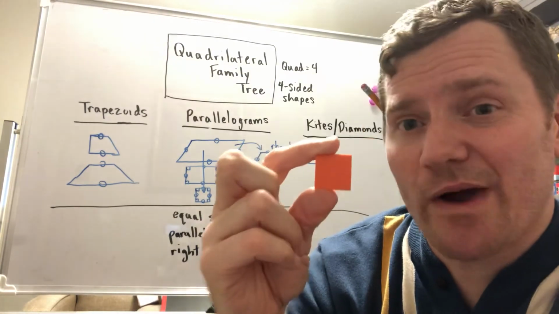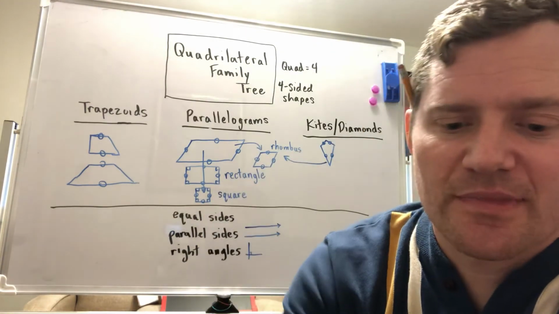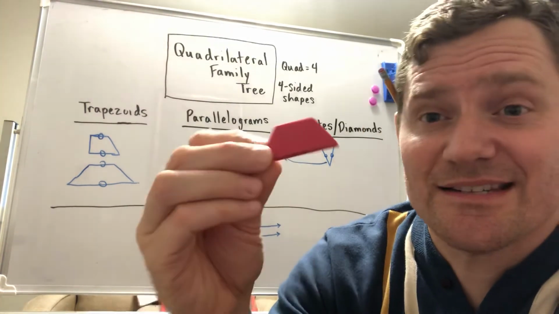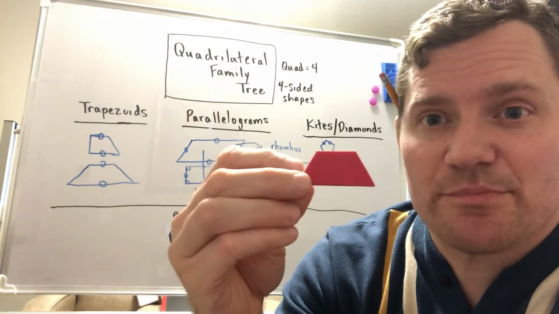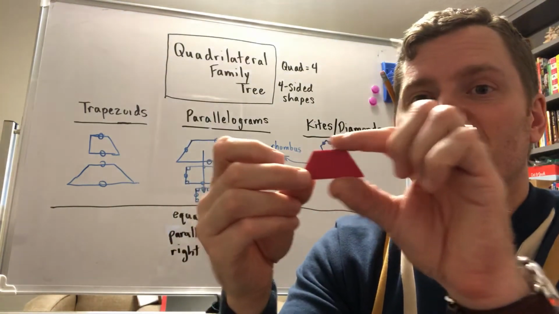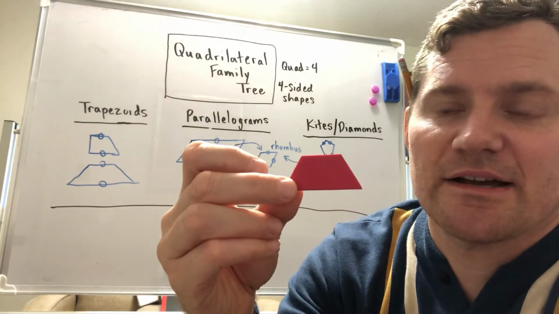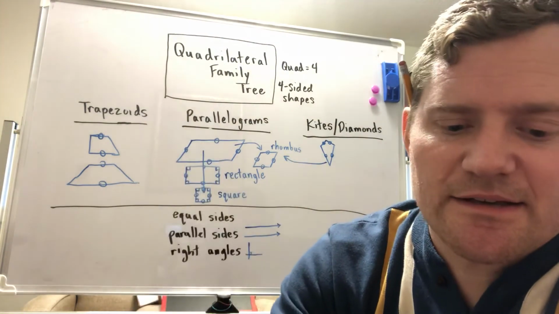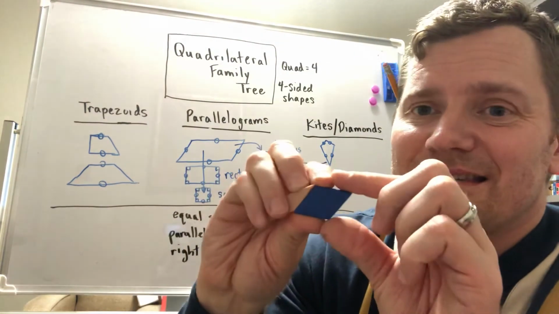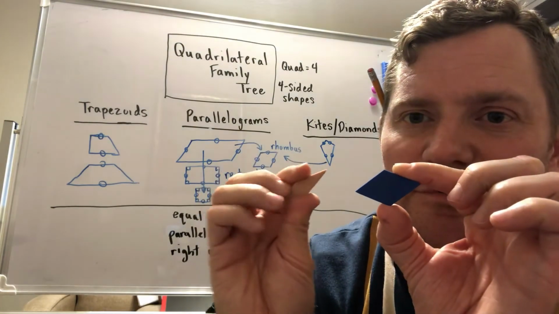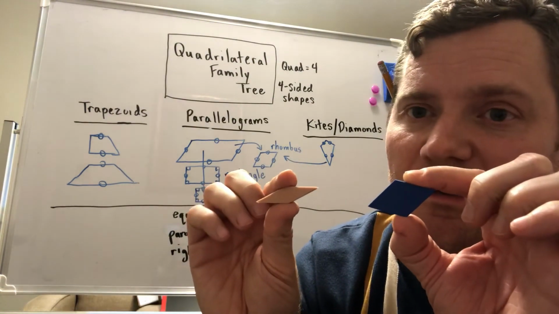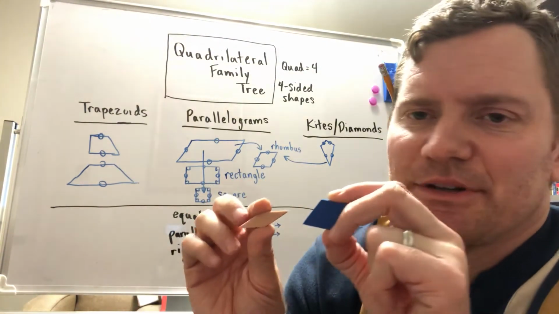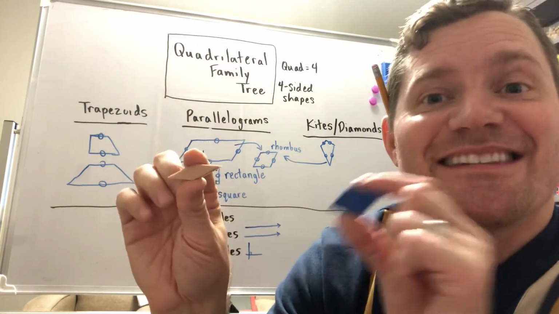So this is a square. We'll call this a square. Okay. This is a trapezoid because it has a pair of parallel lines, and then these two are both examples of rhombuses, or rhombi. Ooh, let's not go there. Okay, so this one's a rhombus and this one's a rhombus.